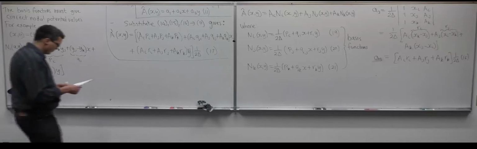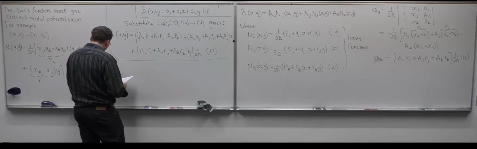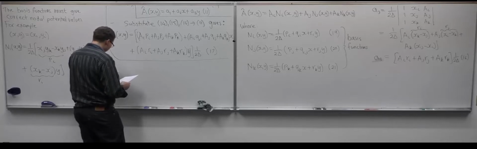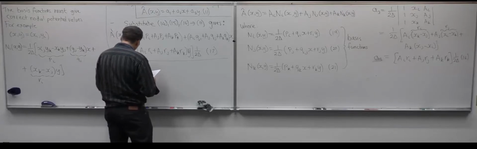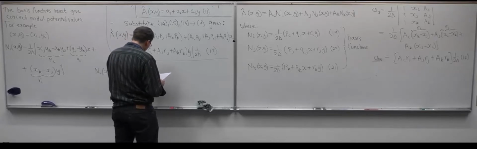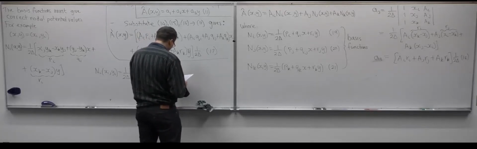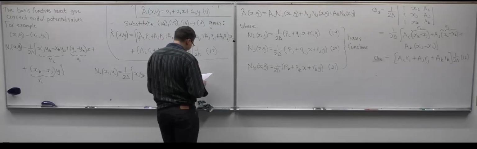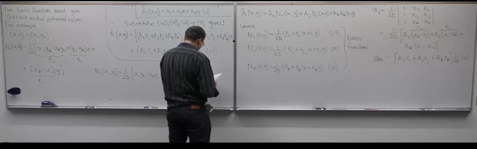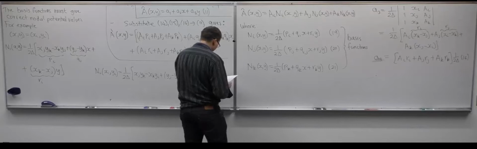So doing so, we get that Ni(xi, yi) is equal to 1 over 2 delta times (xj yk minus xk yi) plus (yj minus yk) xi plus (xk minus xj) yi.